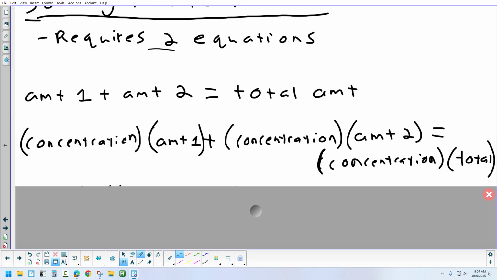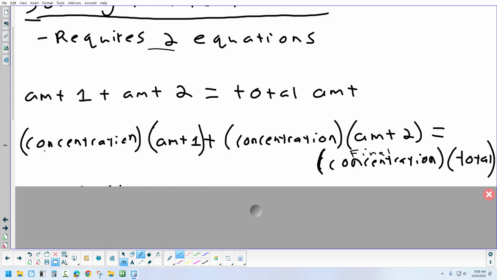So notice the pattern in the second one. It's always a concentration times an amount plus a concentration times an amount. And that's equal to the final concentration times the final amount, or the total.